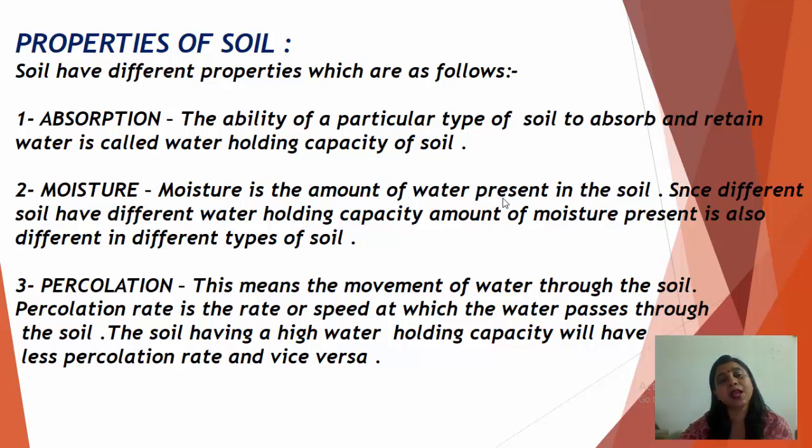Vice versa means in sandy soil water holding capacity is less, so पानी retain नहीं कर पाती है वो soil, तो इसका मतलब percolation rate ज़्यादा होगा क्योंकि soil particles होते हैं उसमें बहुत space होती है and the water flows easily.